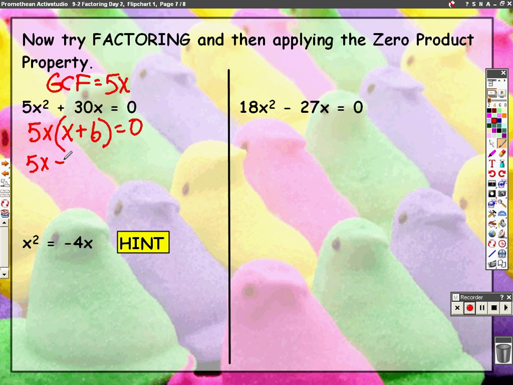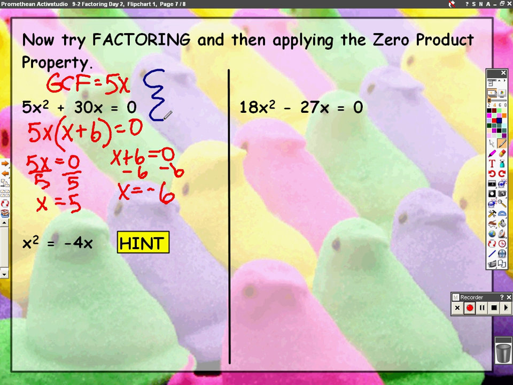So I have 5x equals 0, and x plus 6 equals 0. I solve for x, and I end up with x equals 0 and x equals negative 6. So I put my solution in brackets, and my two possible solutions are negative 6 and 0.